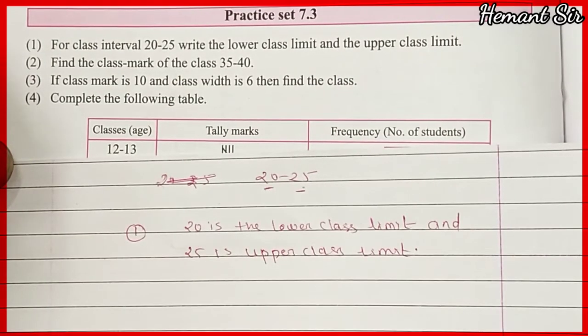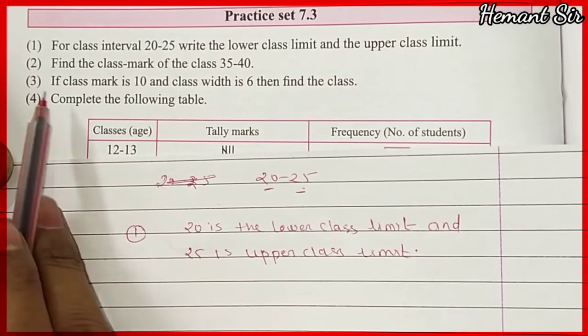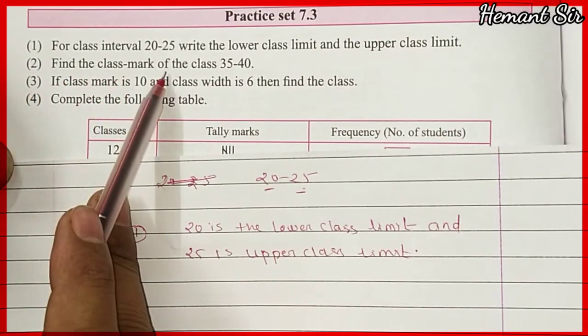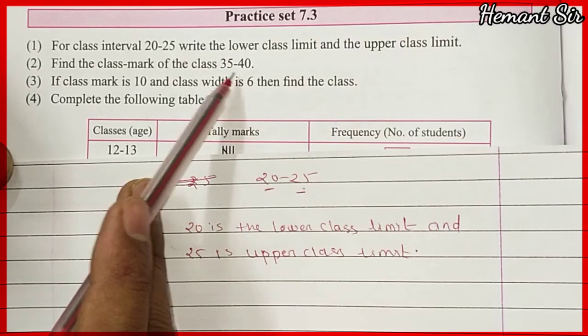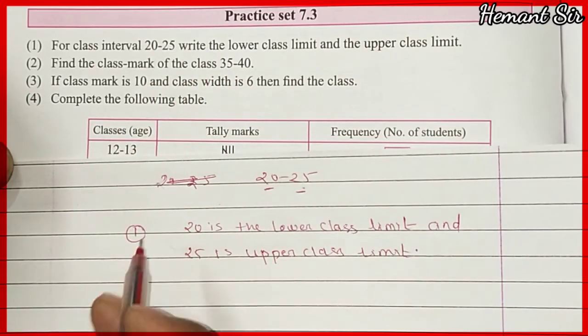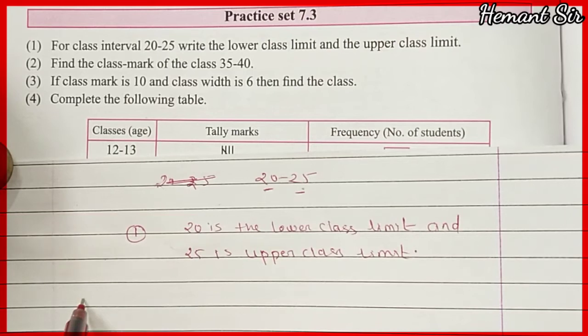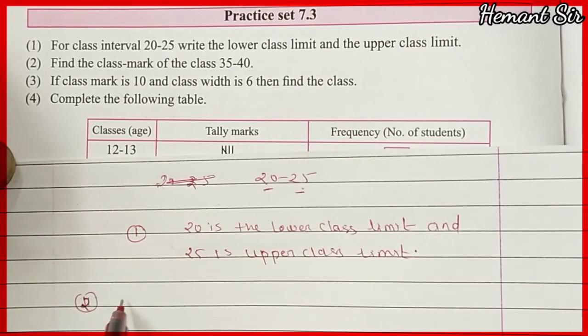Now we will solve the second problem. The second problem says, find the class mark of the class 35 and 40. So we have a formula for class mark. What is class mark?